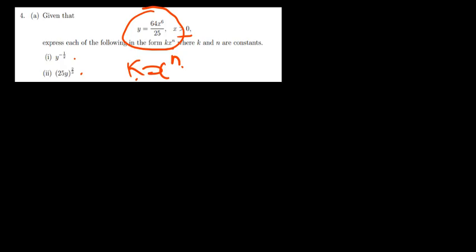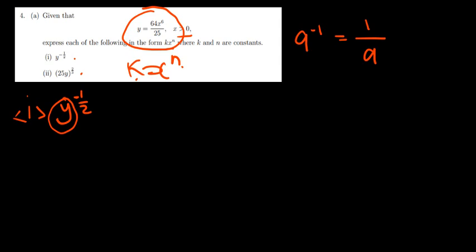So the first one here, we have y raised to the power minus 1 over 2. We've been told the value of y, so we just have to replace it. But before we can replace, from the laws of indices, we know that if a is raised to the power minus 1, that is the same as 1 over a raised to the power 1.